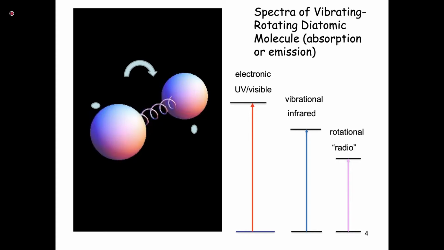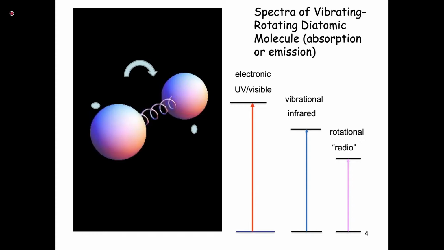This diatomic molecule is rotating and vibrating, and in addition, electrons are moving around the diatomic molecule. So these motions, I show here, lead to absorption or emission of radiation. A molecule can emit radiation, and if there's some background radiation behind it, it can absorb it. So you can see absorption or emission.